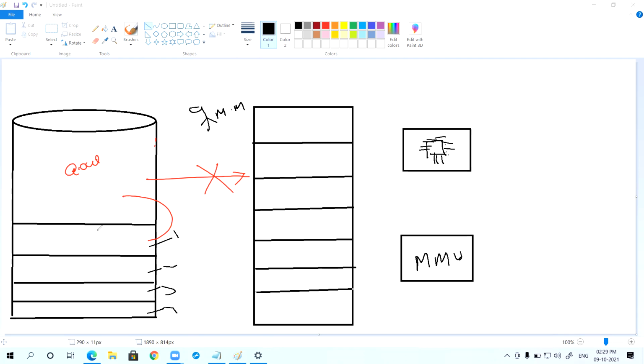It is loaded into the pages. So P1.0, P1.1, P1.2, P1.3, like this, pages. All of you are getting the point?